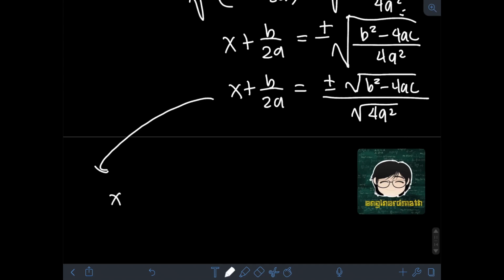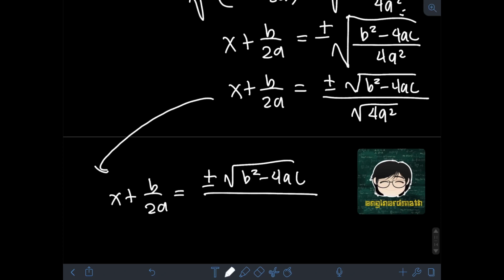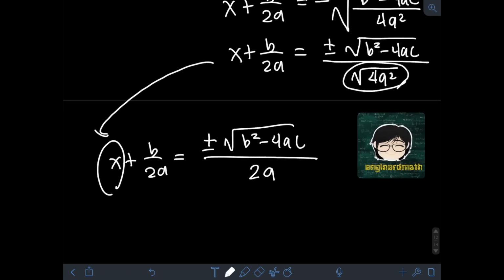Continuing here, we have x plus b over 2a equals plus or minus the square root of b squared minus 4ac over, simplifying the square root of 4a squared, 2a. And then to solve for x, we just need to transpose b over 2a to the right.